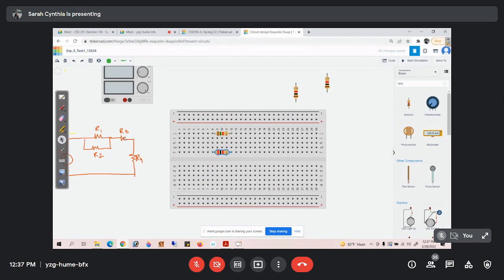Now what about R3 and R4? This is the node where R3 begins, right? This is the point where R3 is connected. And what is this point? It is also the point where the second terminal of R1 and R2 is connected, right? It is the second terminal of both the resistors, that is, this particular column, column 12.